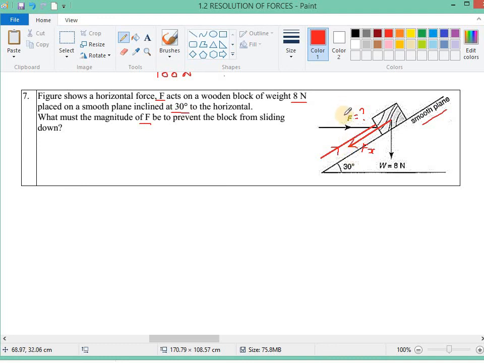So this force that stops or counters the Fx comes from where? It comes from this F. Okay, so let's say this is Fx1, this is Fx2.